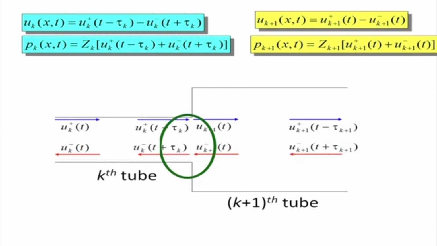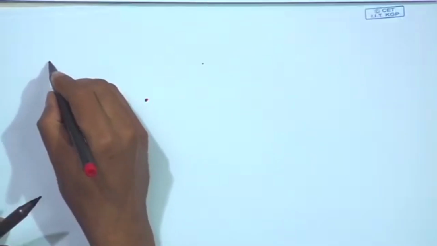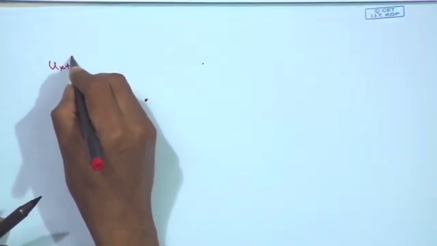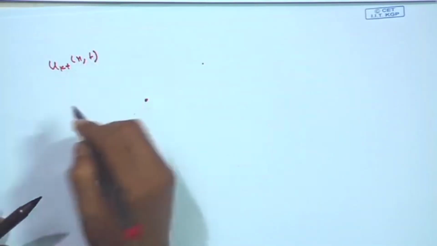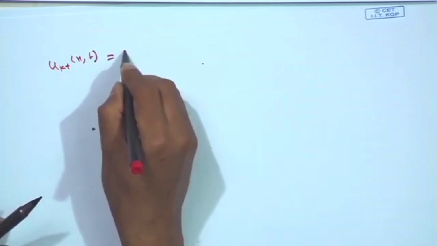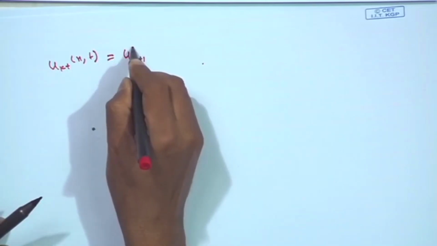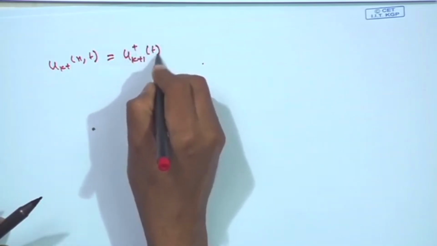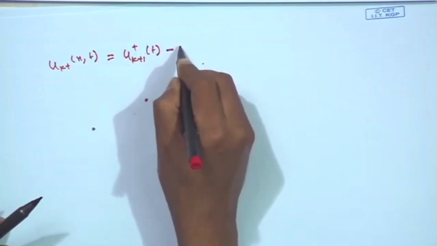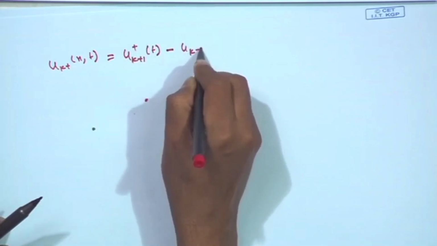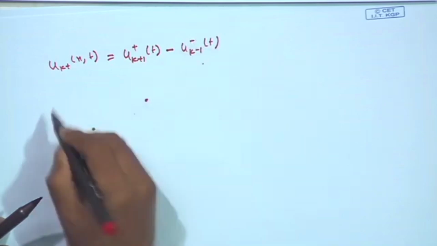I can say that u_{k+1}(x, t), at any point, is nothing but u_{k+1} plus (t) minus u_{k+1} minus (t).